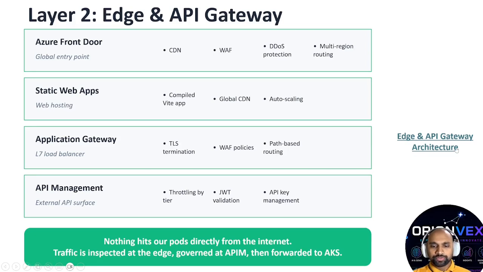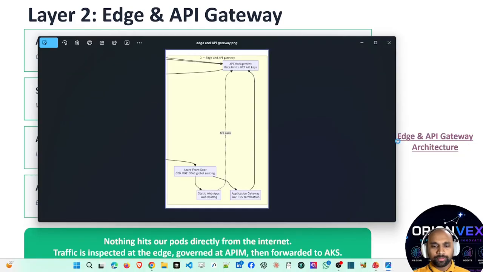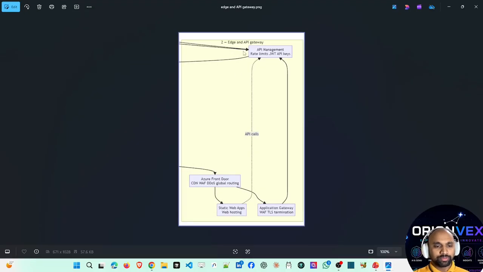You see this API gateway. From the previous layer, traffic will come here: API management with rate limiting and JWT tokens. Then there is Azure Front Door for the content delivery network, web application firewall, and DDoS protection for global routing.